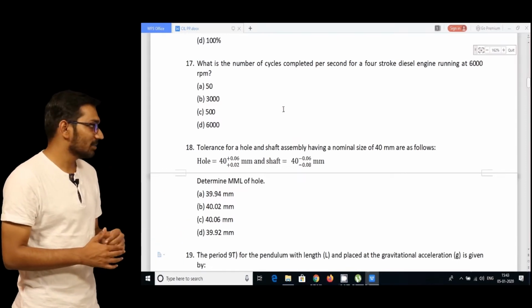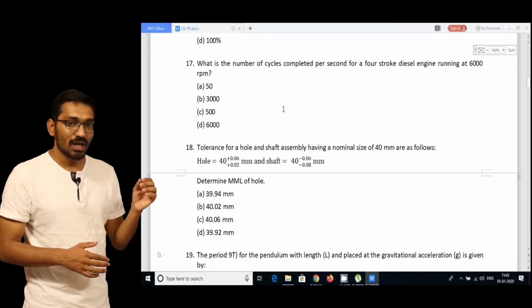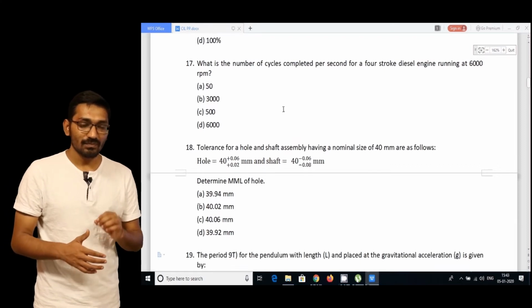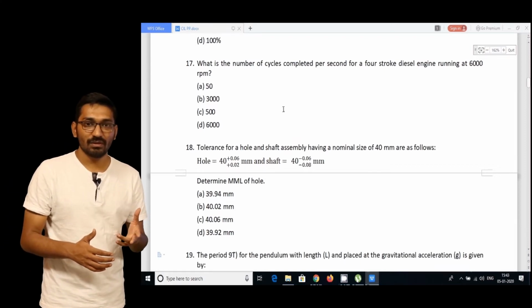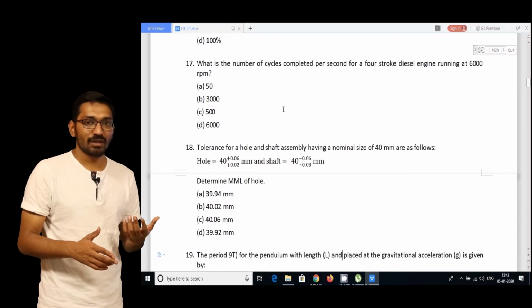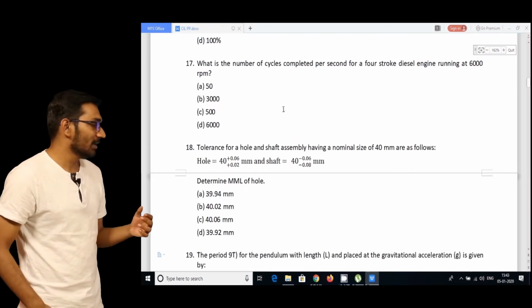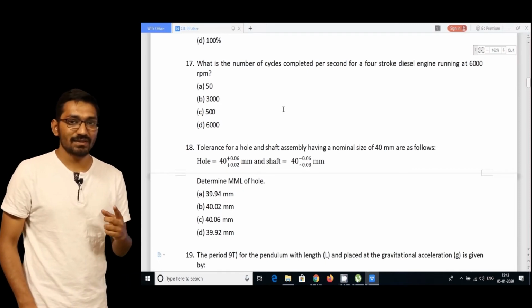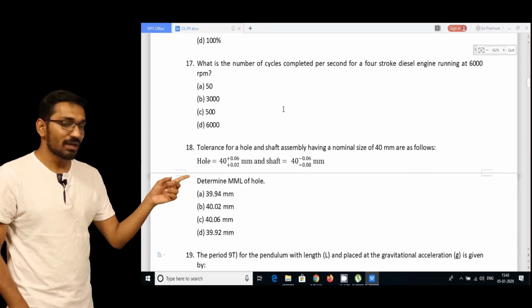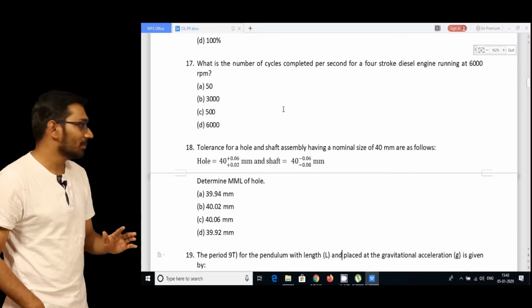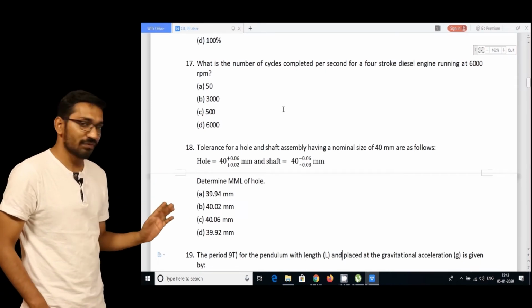If I divide this by 60, it will be 100 revolutions per second. In a 4-stroke engine, you know that out of 2 revolutions, 1 cycle is completed. If in 2 revolutions 1 cycle is completed, then out of 100 revolutions, 50 cycles will be completed. So your answer will be 50.